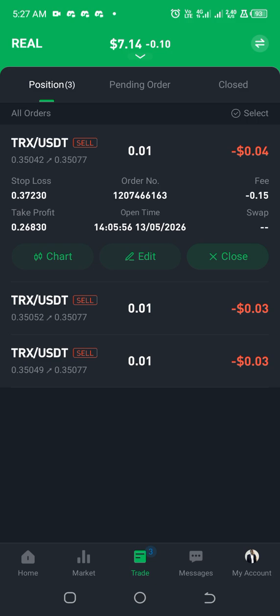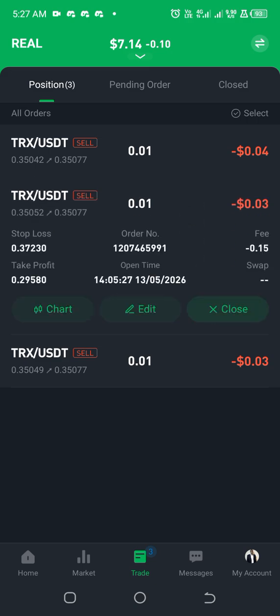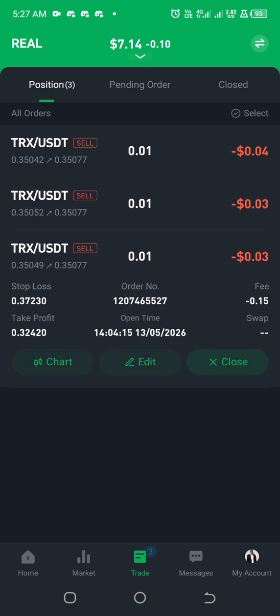For each of the trades, my fee is just $0.15, the fee I paid to enter the trade, as you can see there.